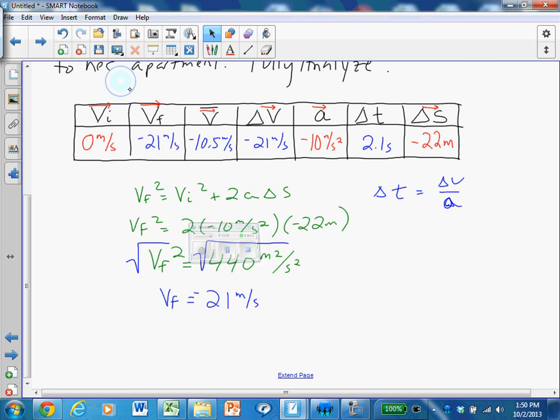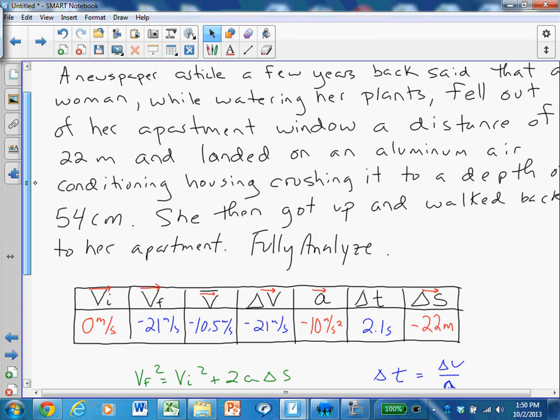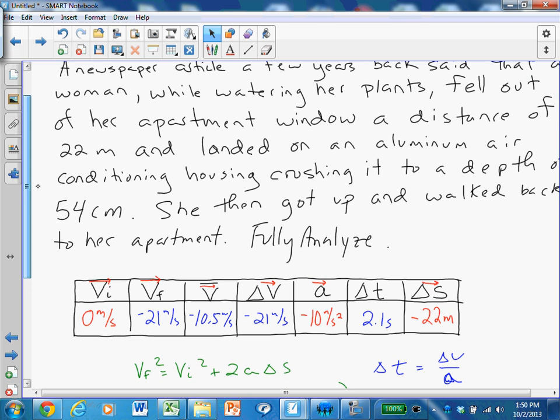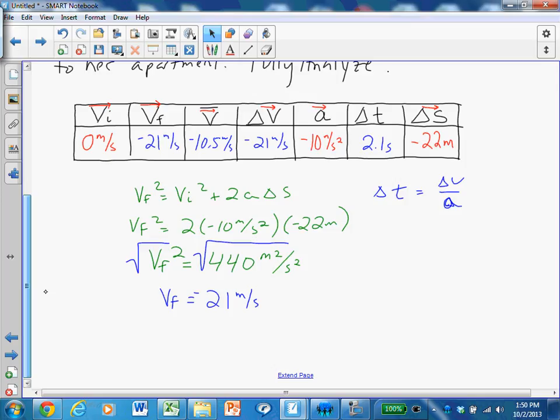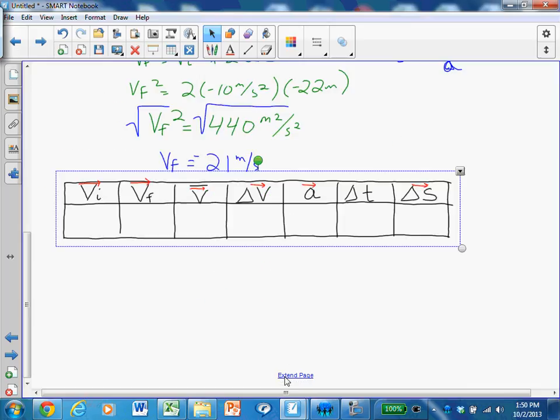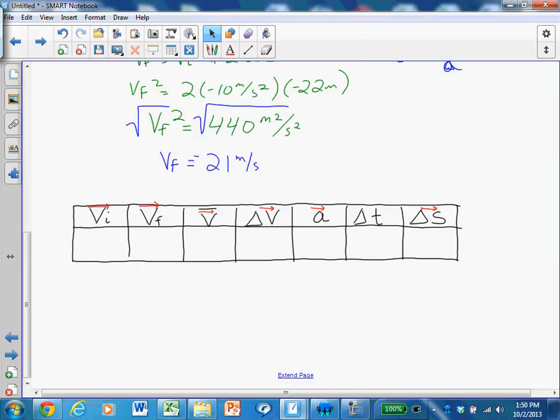Okay, so we see that she was going 21 meters per second when she hit that air conditioning unit. So let's get a second chart for that, and we'll analyze the crushing now of that. We know her speed coming in was 21 meters per second, and negative going down, right?